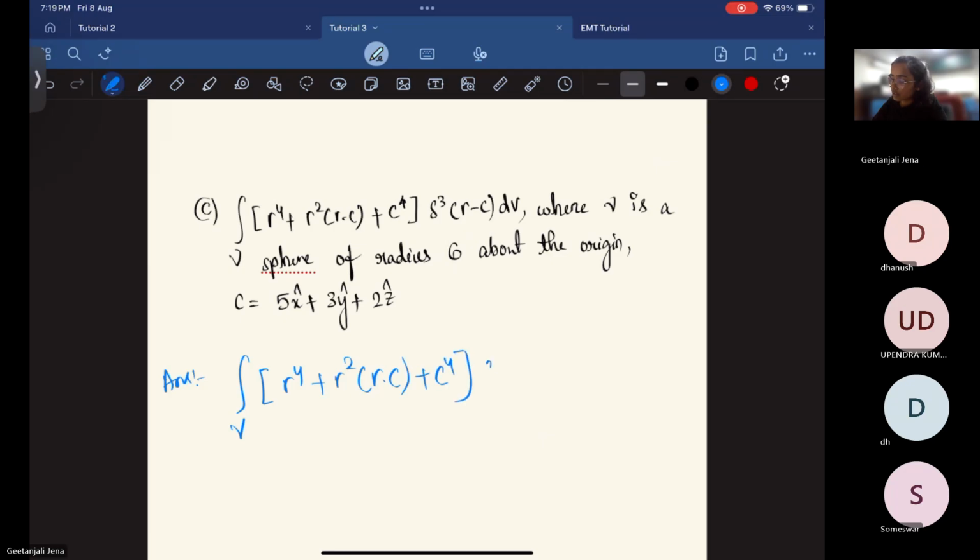The integral of c square, delta cube of r minus c, dV, where V is a volume of sphere of radius 6 centered at the origin, and c is given as 5 i cap plus 3 j cap plus 2 k cap.